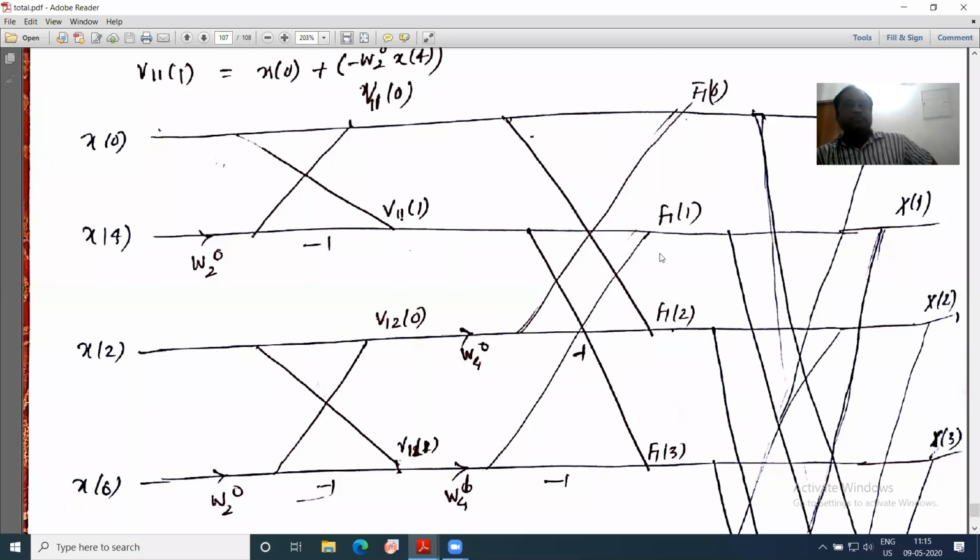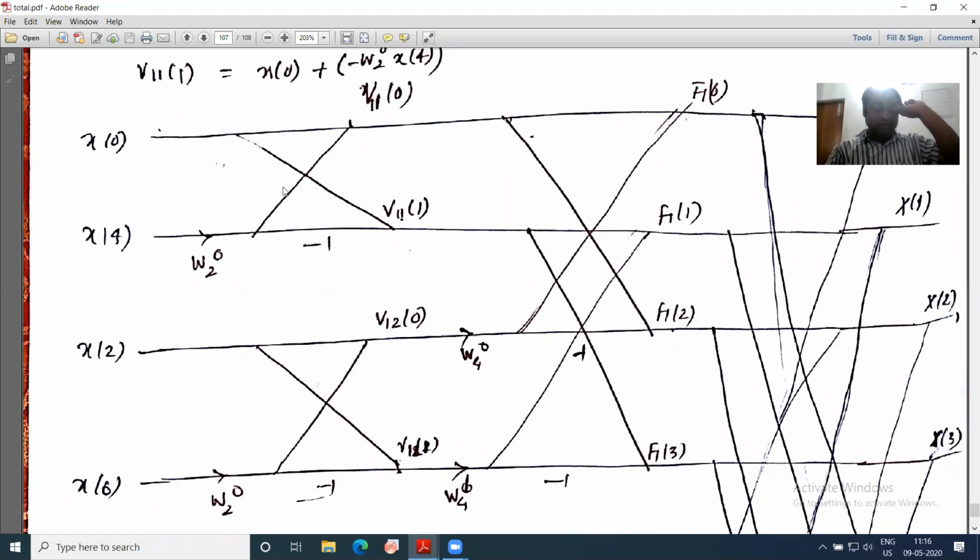In the exam, there will be no question beyond 8-point DFT. Maximum up to 8-point DFT questions will be there. The derivation will be required in some part for writing short notes on FFT. That part is required, but for solving problems, you require only this diagram, nothing else. No derivations, nothing.